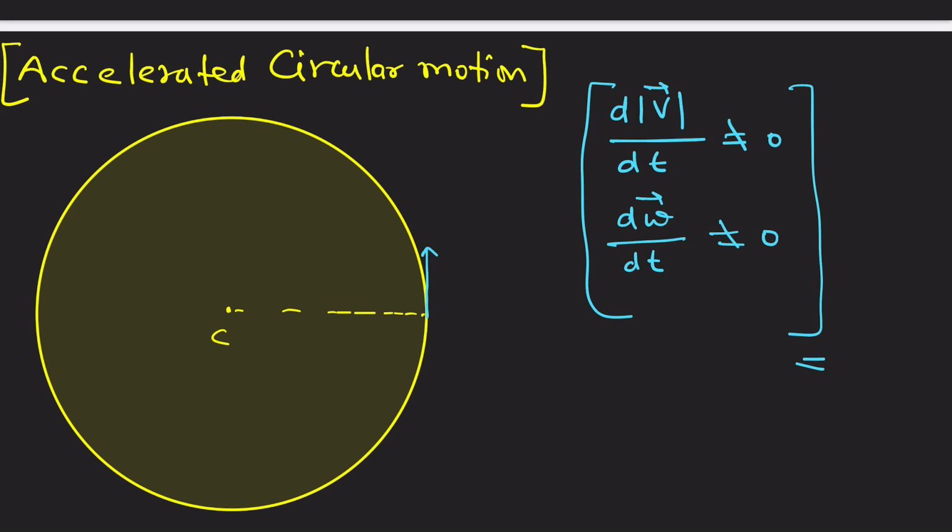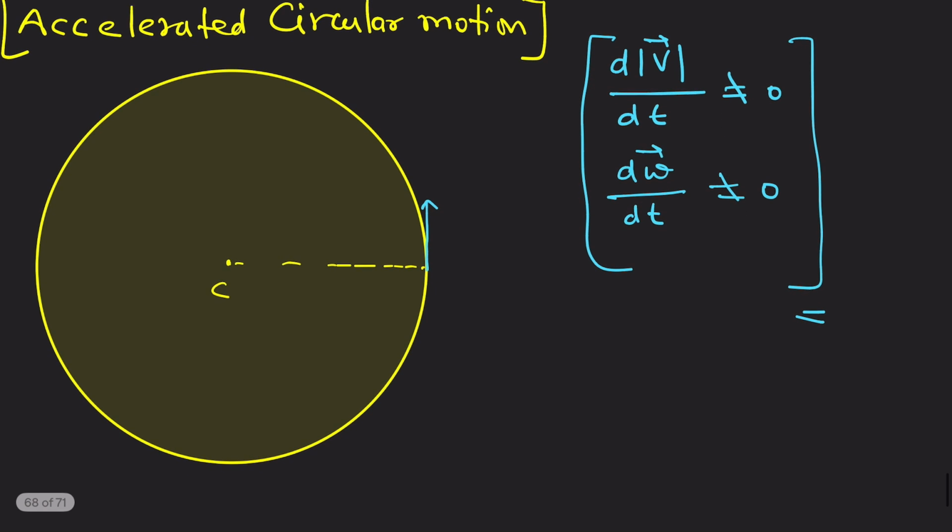That is the meaning. Now suppose here the velocity is v, and when it reaches here, the velocity becomes v dash.